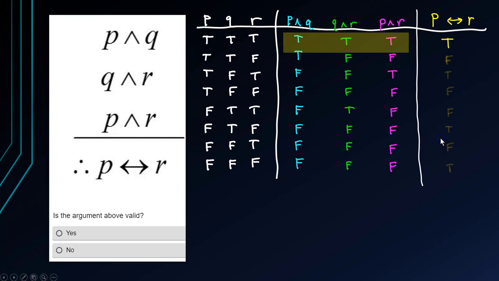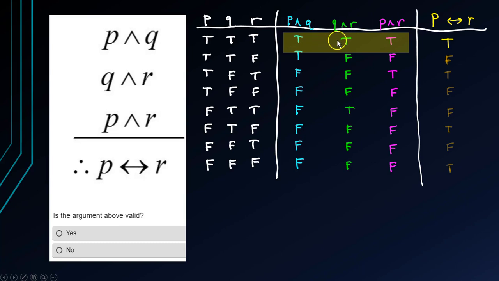I did include the rest of them if you want to know what those are. Again, if they don't match, then it's false. If they do match, it's true, even if they're both false. You can see the rest of them, but these truth values don't really matter for our purposes because I'm only concerned about the instances where all three of these statements are true at the same time.